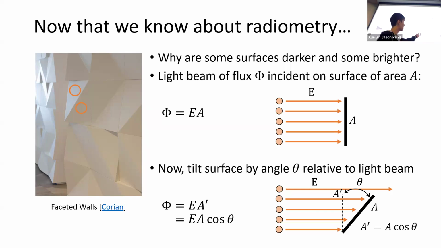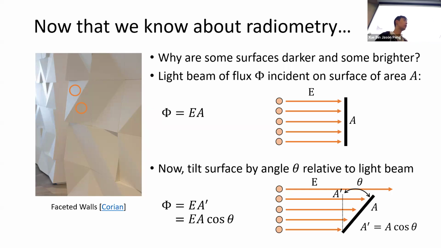The original surface has an area of A, but when we rotate it away from the light source by some angle theta, the effective area that's going to intersect with the light traveling in that direction is going to be reduced down to some smaller area that we're going to refer to as A prime.